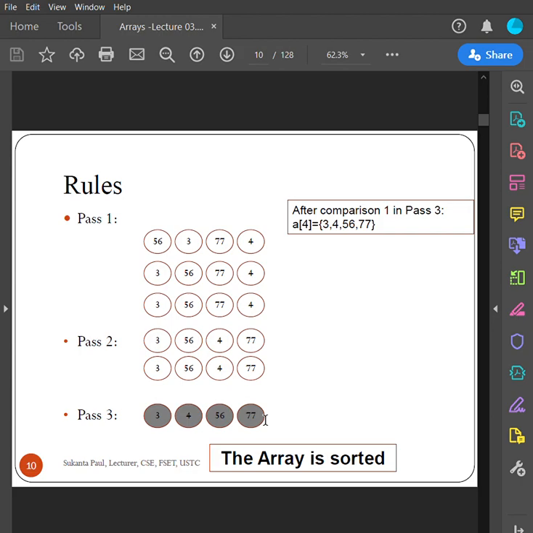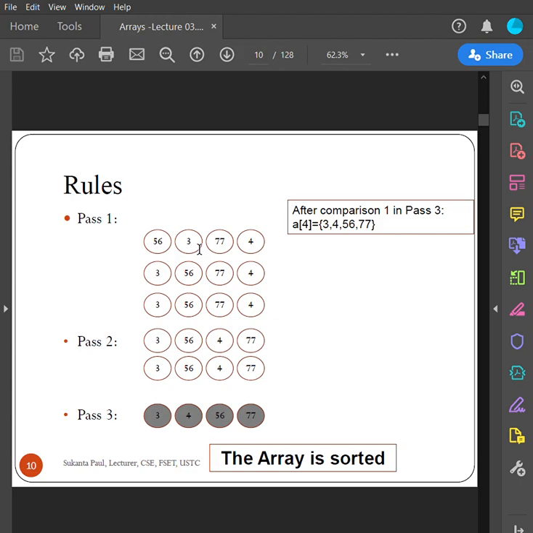So we have to remember that if we apply ascending order sorting, swapping will happen only if the first value is greater than the second value.